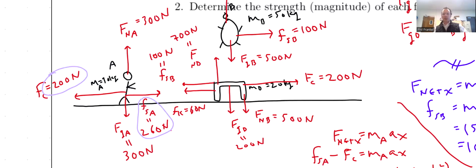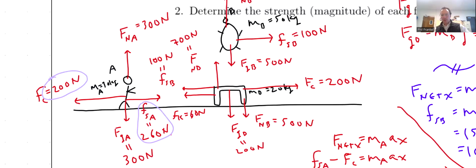Now, I encourage you to look at the forces on the desk. There's a 200 Newton force to the right, a 60 Newton force to the left, and a 100 Newton static frictional force to the left. Take a moment and figure out what the net force on the desk is. Okay, so it's 200 to the right minus a total of 160 to the left.